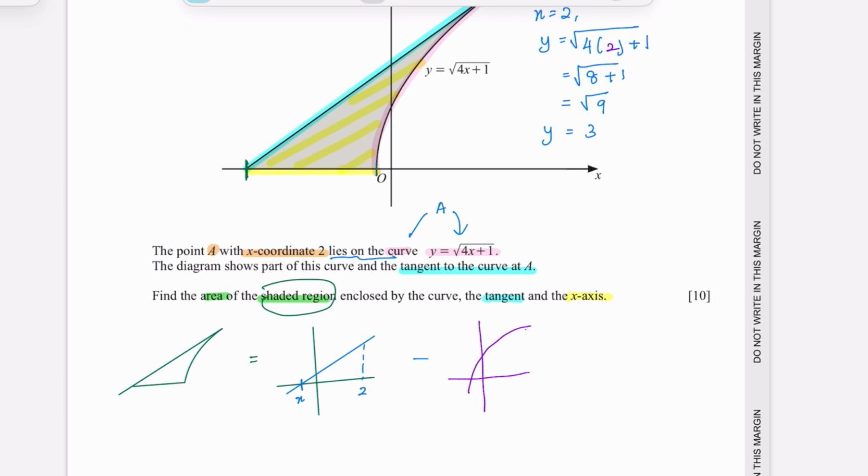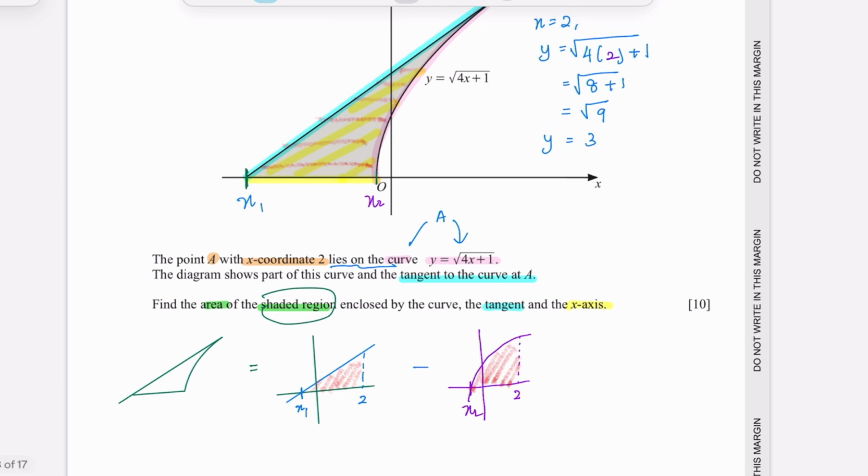The area under the curve would be at point A, which is also equal to 2, but we need to find x over here. This is another x. Let's just name it x1 and x2. Now, if we find the area under the straight line and then minus the area under the curve, we will get the area enclosed by the tangent and the x-axis.